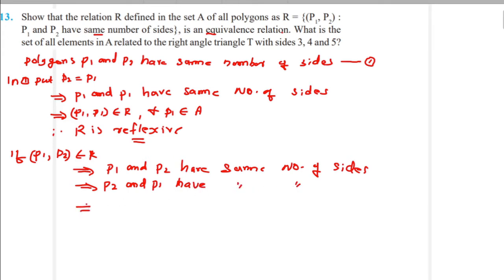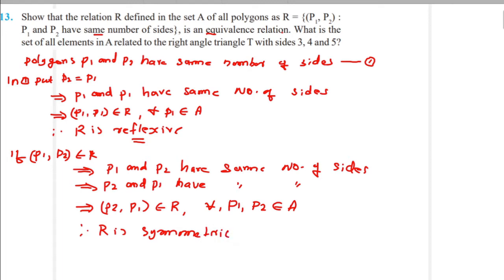This implies (P2, P1) belongs to our relation R for all polygons P1, P2 belonging to our set A. Therefore R is a symmetric relation. Symmetric, clear?